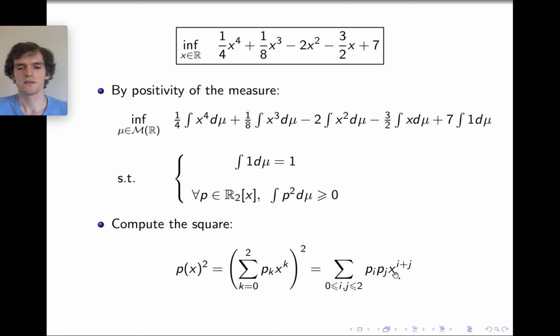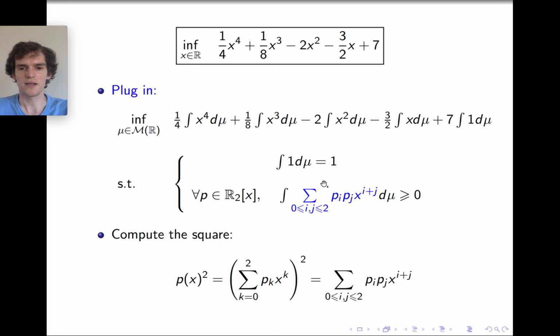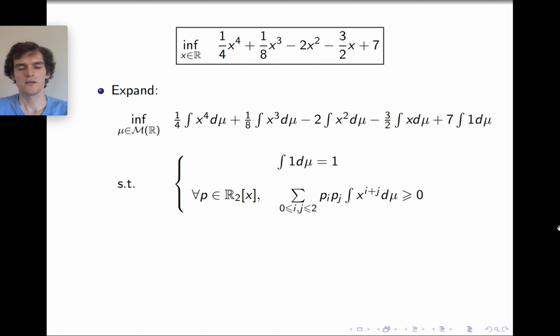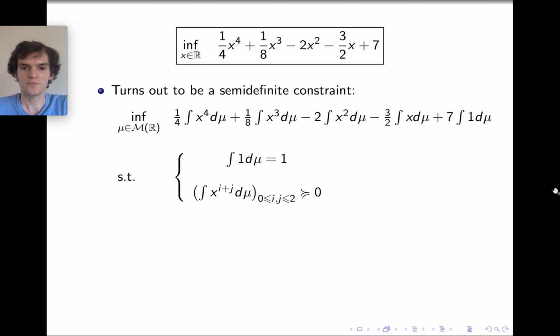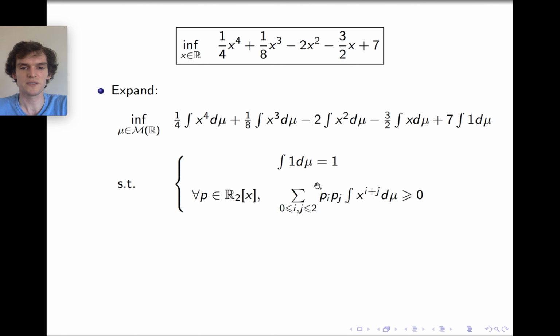We expand the sum over i and j, and now we plug that in here, right? And now we can swap integral and summation, and we can also factor these out. And now what we have here is really a positive semi-definite constraint.